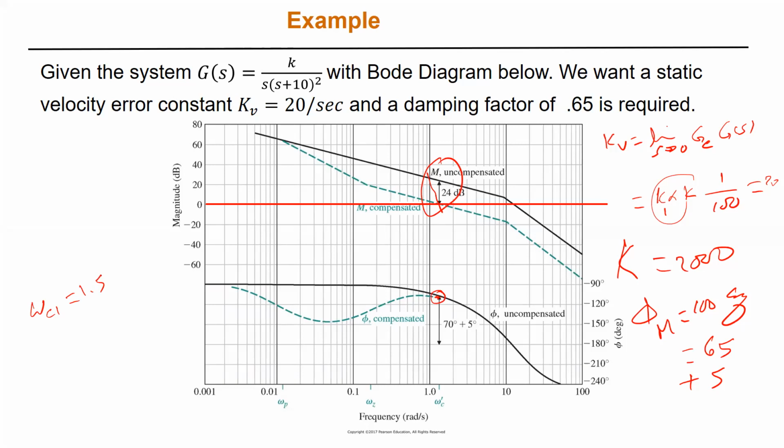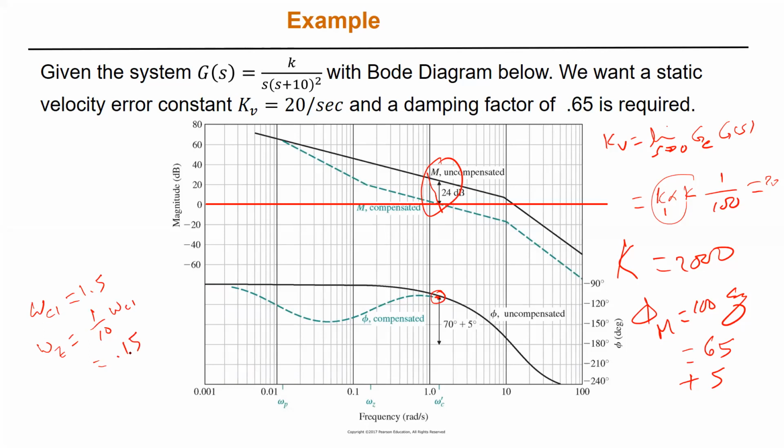Where do I position my 0 of the compensator? Just divide by 10, so 0.15. Okay, exactly. So omega z equals 1/10 omega c1, which is equal to 0.15.